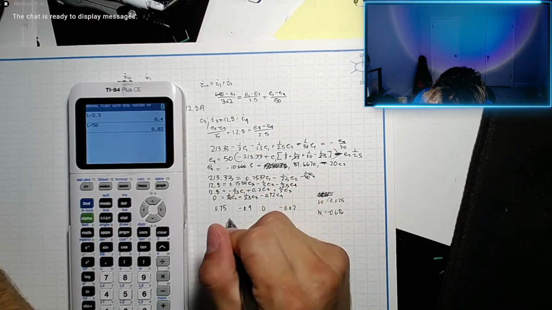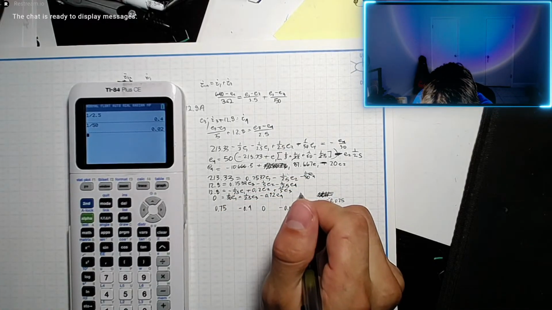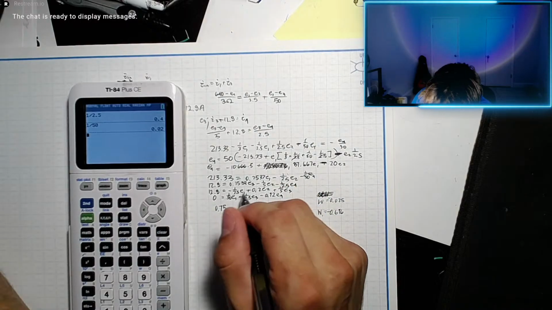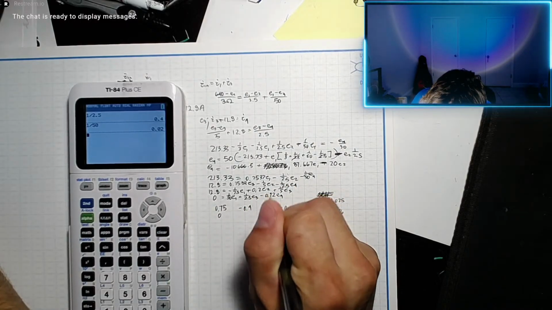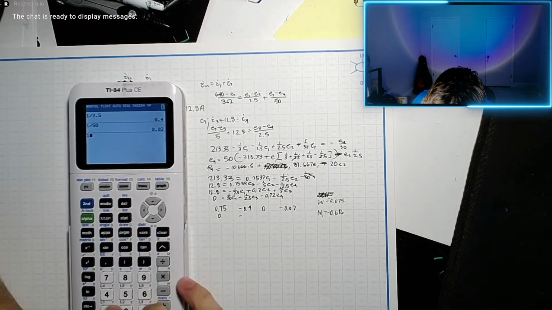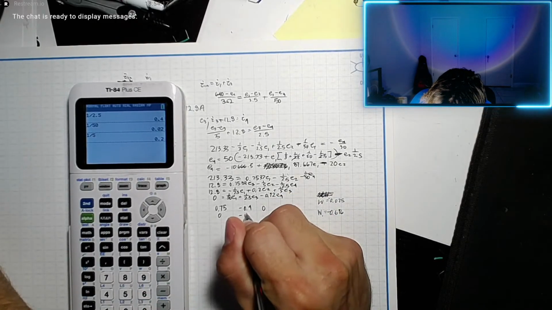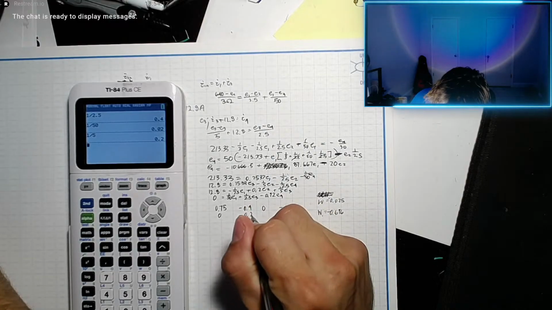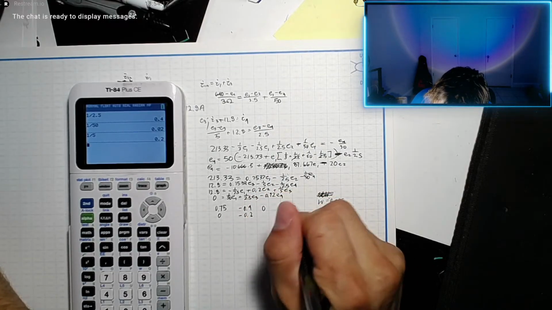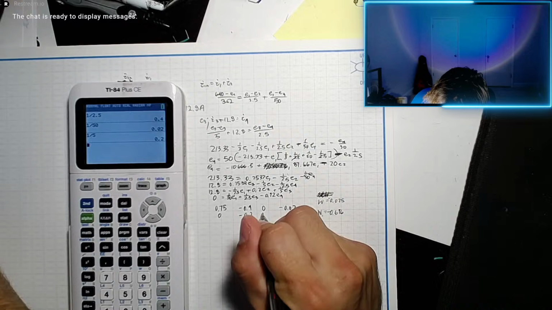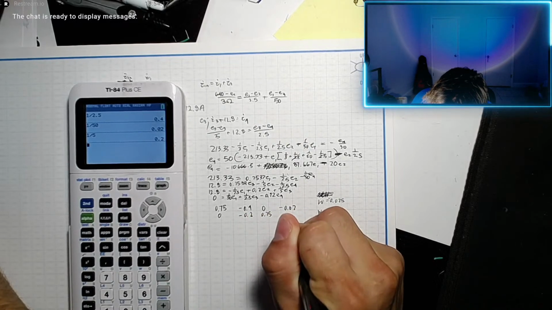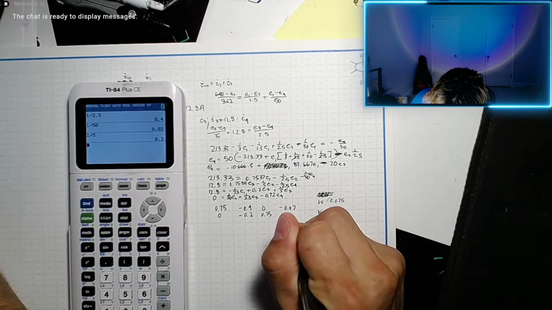E1, there is no E1. Wait, oh, really? Oh, I messed that up. Okay, I'm gonna have to recalculate this. 0. Negative 1/5, 1 divided by 5, negative 0.2. E3 is 0.75 and negative 0.4.